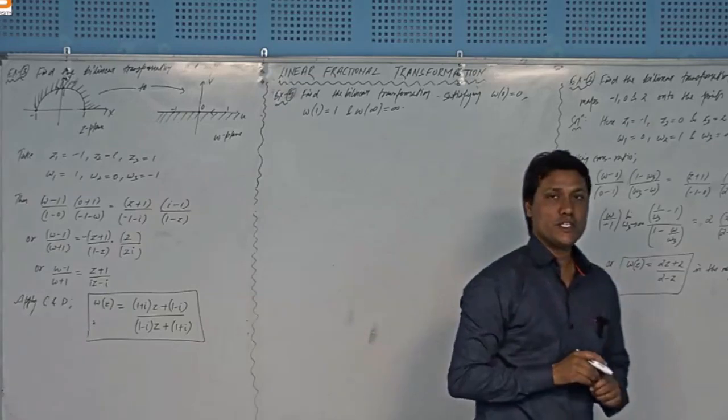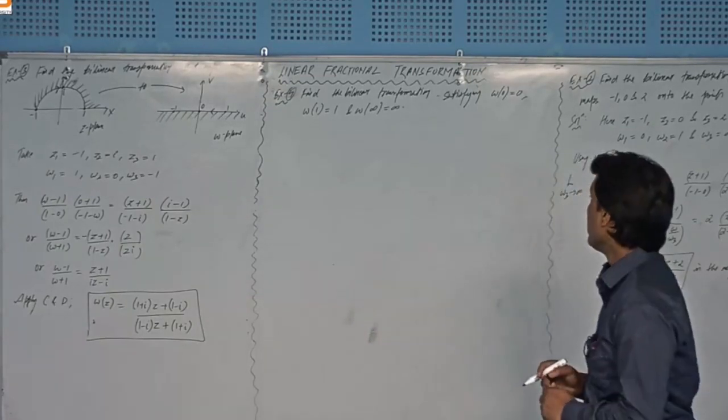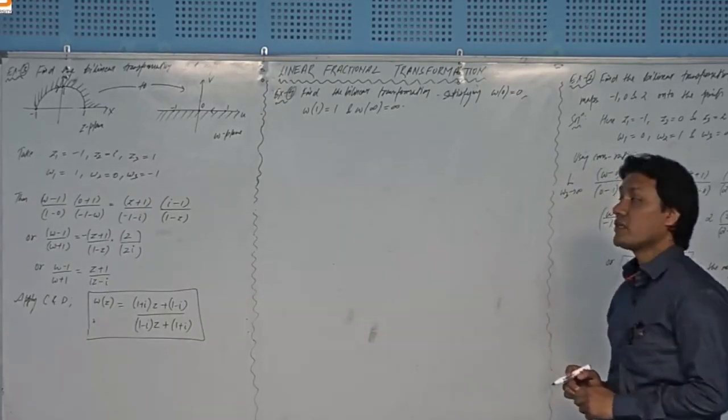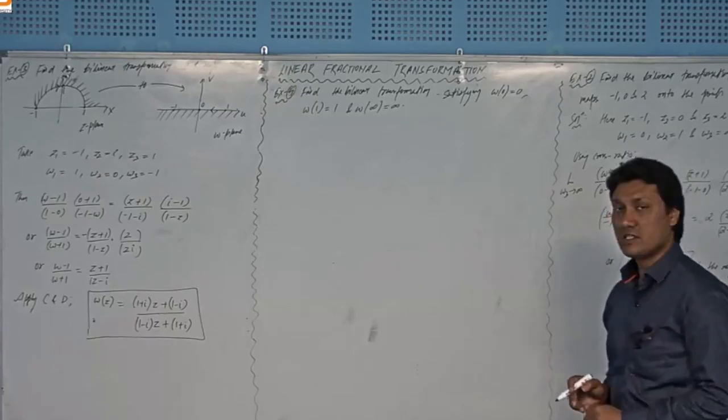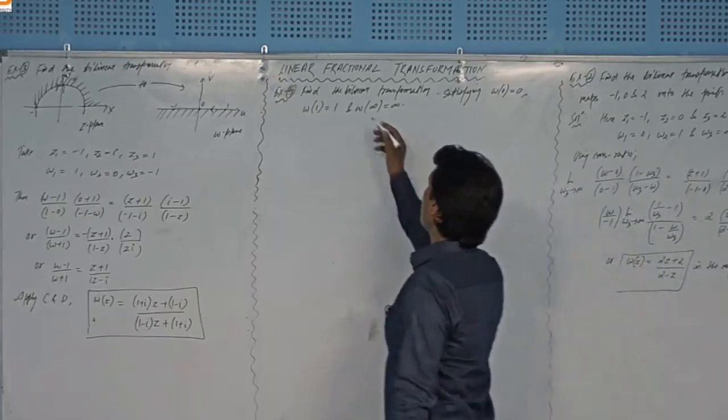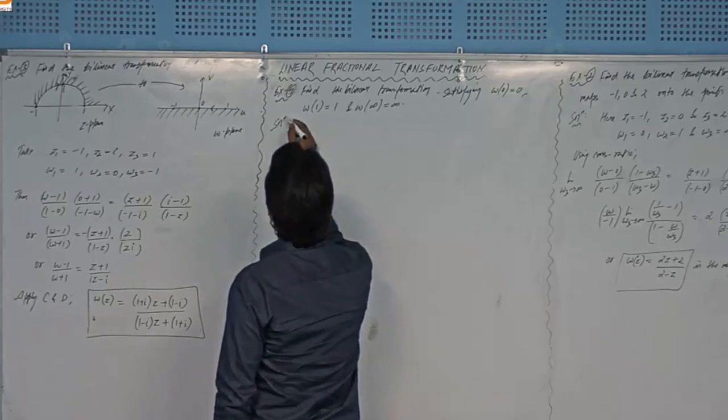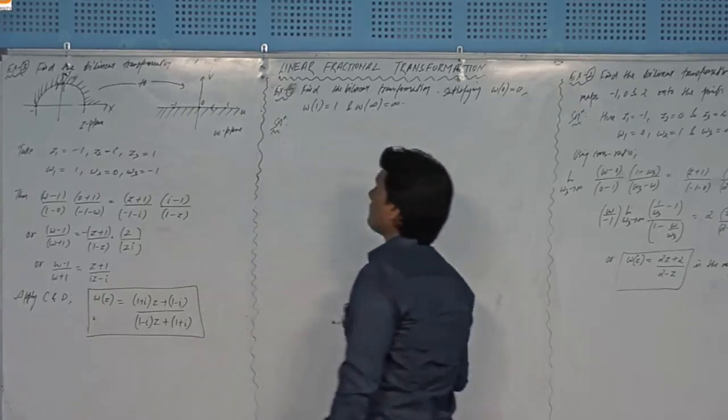So again you are given 3 points, but here if you input 0, you are getting 0, 1 is mapped to 1, and infinity is mapped to infinity, right? Again you are considering the extended complex plane, since we have infinity there, right?